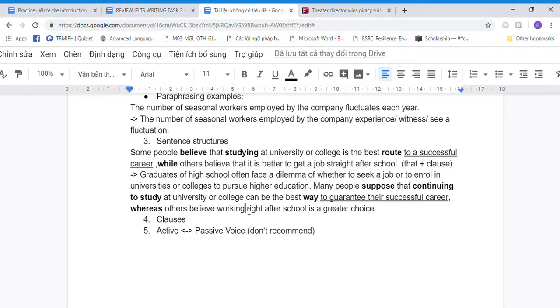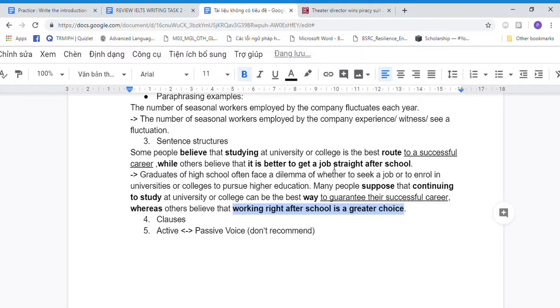Oh, actually, it has similar sentence structures. This part has similar sentence structures, but if I believe, I'm sorry, this part is believe that, this part was changed. Okay. To working right after school is a greater choice.